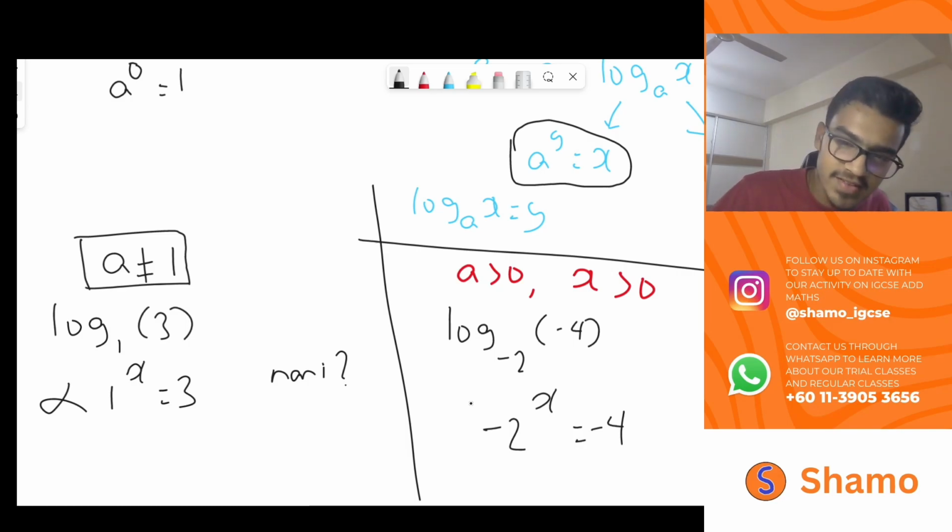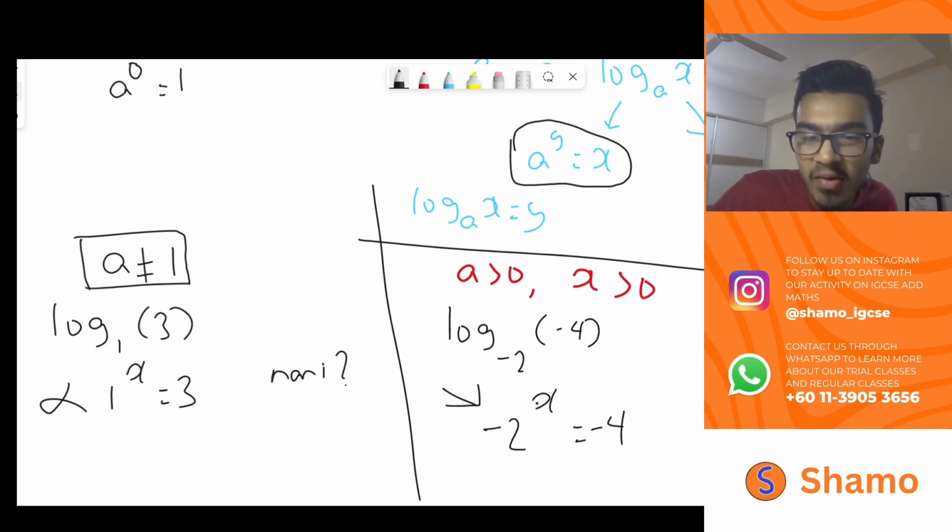Now ask yourself, is this really possible? -2 to the power x equals -4. Can we solve this? Think of one value of x which might give you -4. Yes, -2 to the power 2 can give us +4, but -2 to the power x can't give us -4.